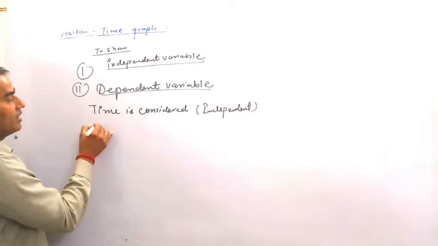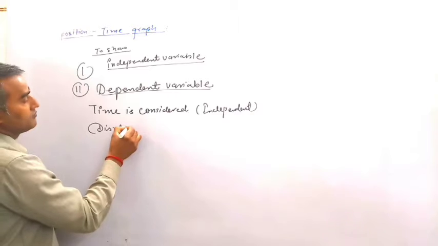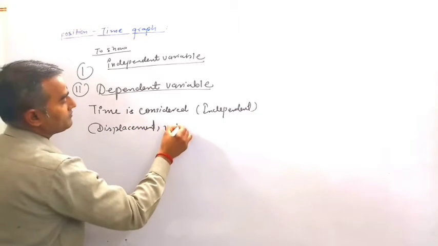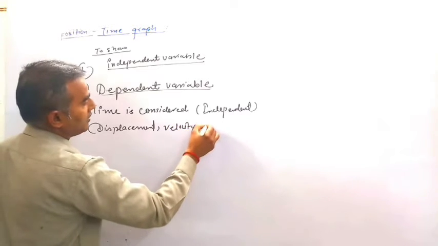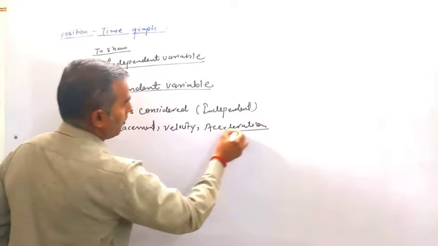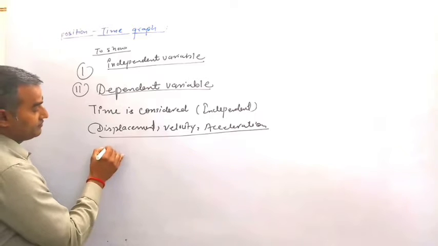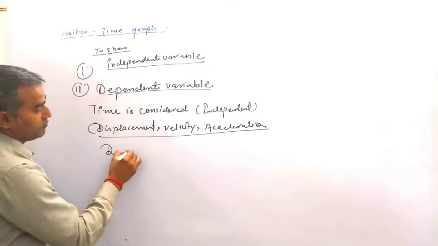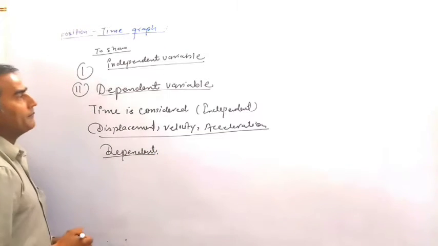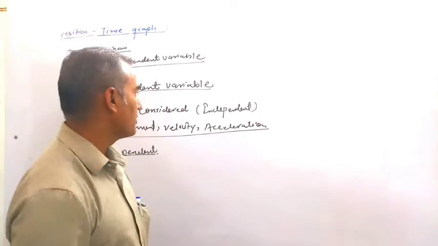And other, displacement, velocity, acceleration, all three come under the category of dependent. So this is the rule to show the graph and graphical representation.